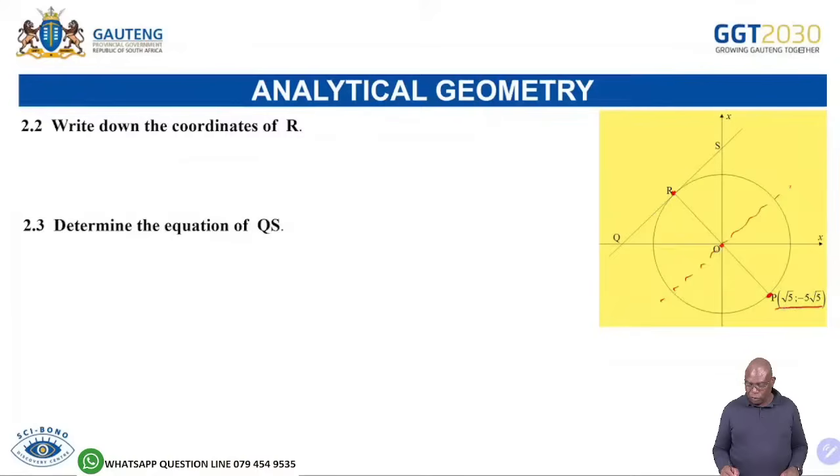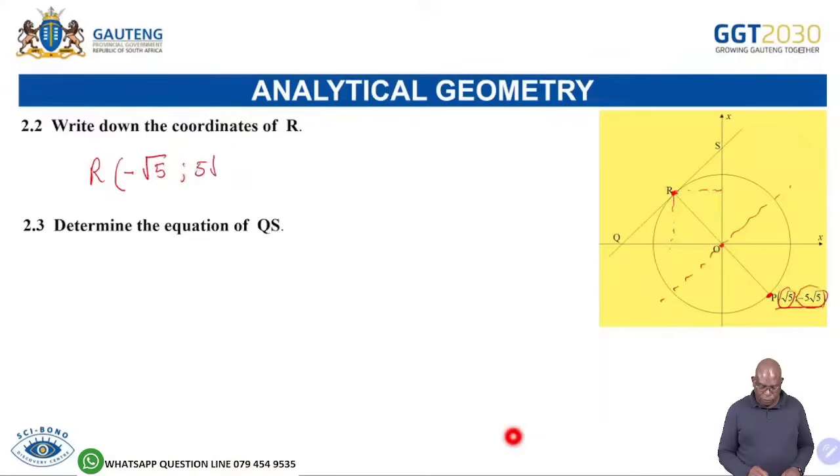So in other words, if I've got square root of 5 and minus 5 root 5, what will be my point here? If I take the square root of 5 on this side, can you see it's going to be a negative? So it's going to be negative square root of 5. If I take this value here, you can see it's a positive value on the other side, so this one will be 5 root 5, which is positive.